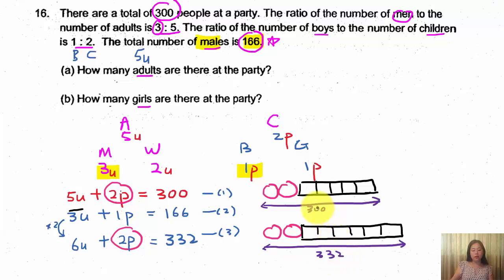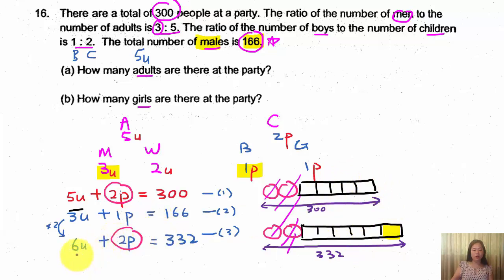We can tell that the extra is because of this extra unit here, which will become 332 minus 300, which is 32. So that is why we always try to make one of the letters the same so that it can minus off each other, and we compare the units at the other side.